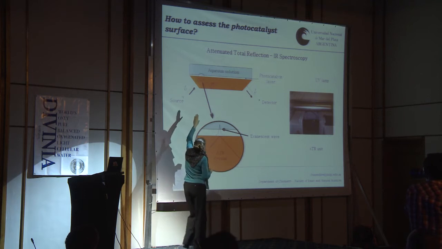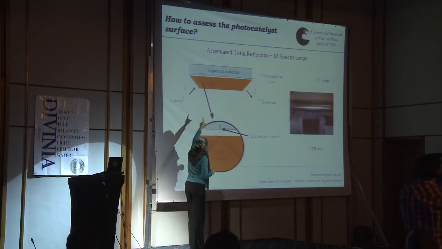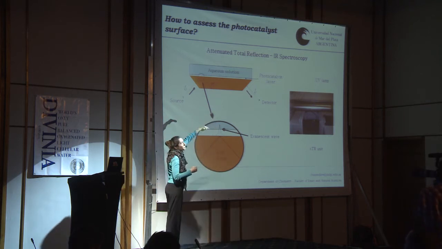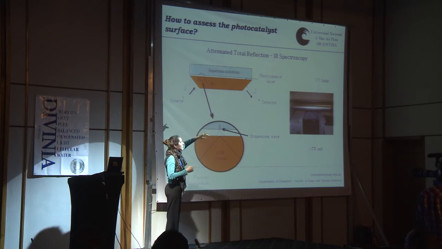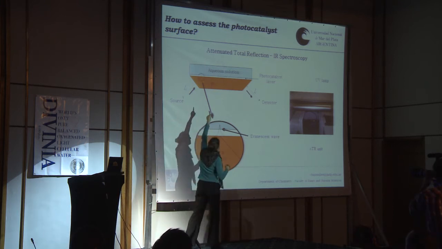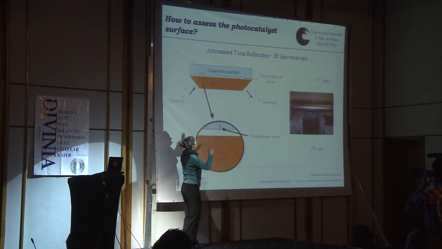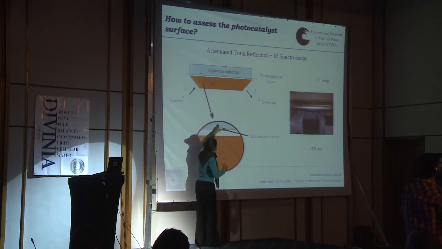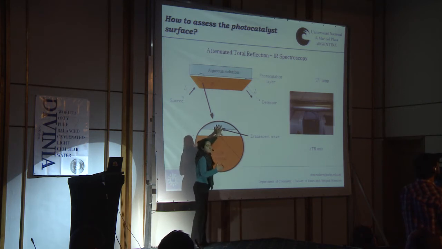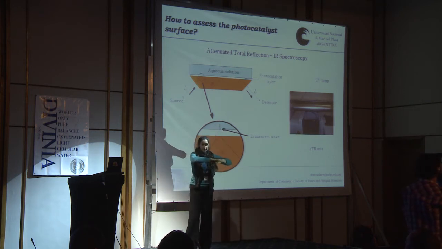This is just putting a zinc selenide crystal in the optical path of the beam, and when the light enters, it's totally reflected up and down until it goes out and goes to the detector, and in every reflection, there's an evanescent wave that takes information on what you put on the top of the crystal.